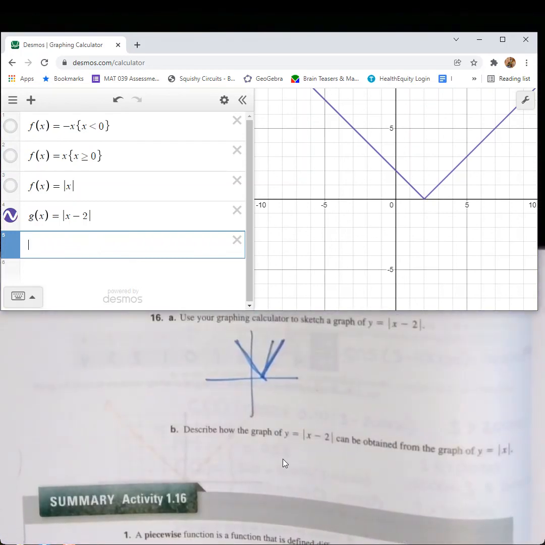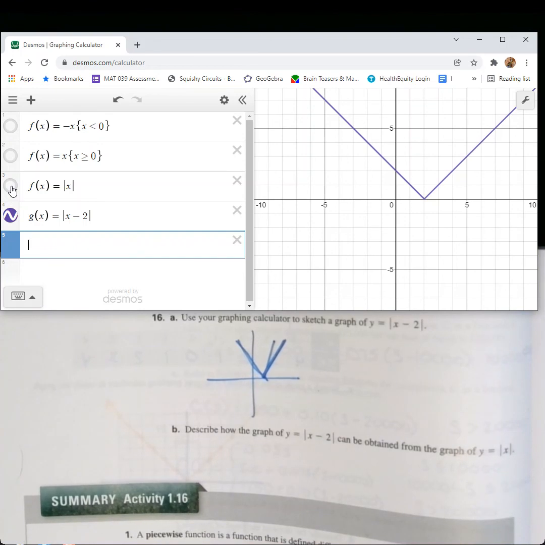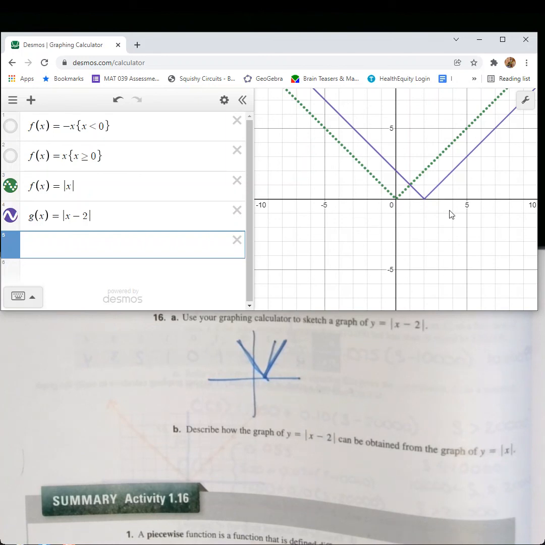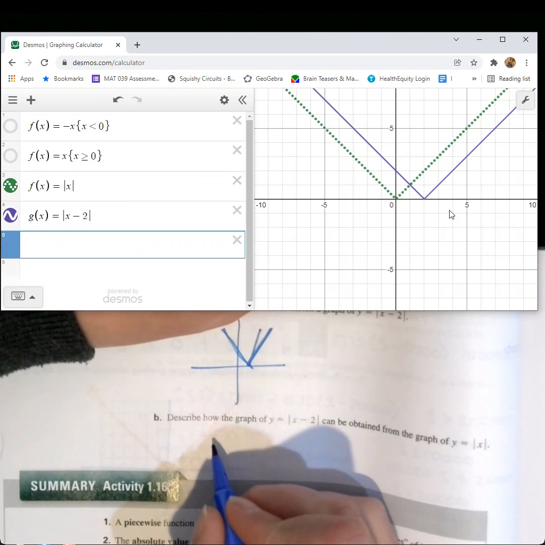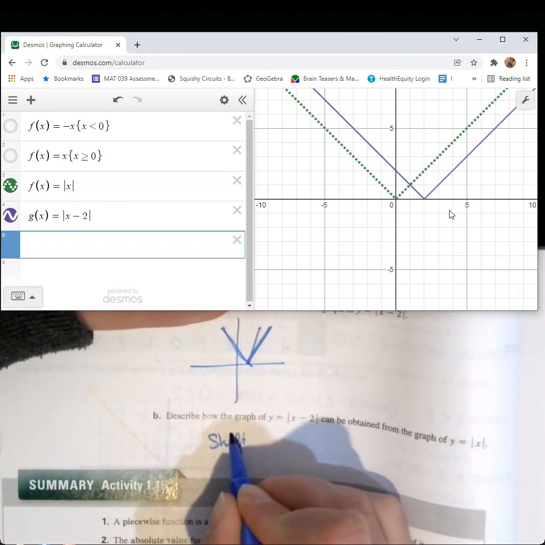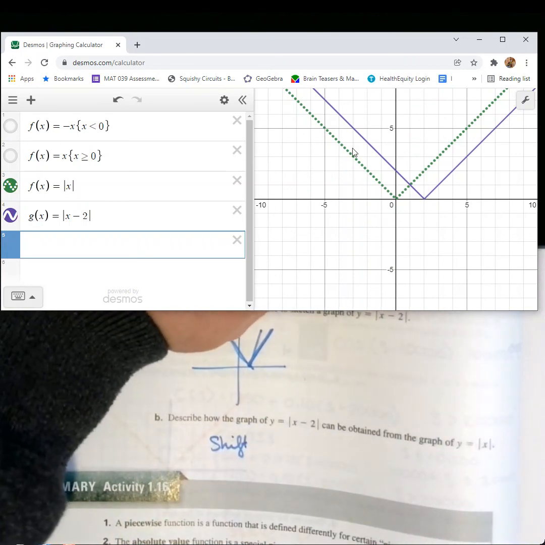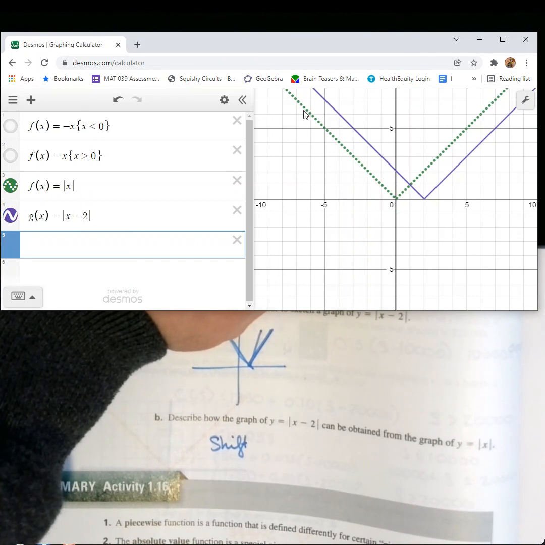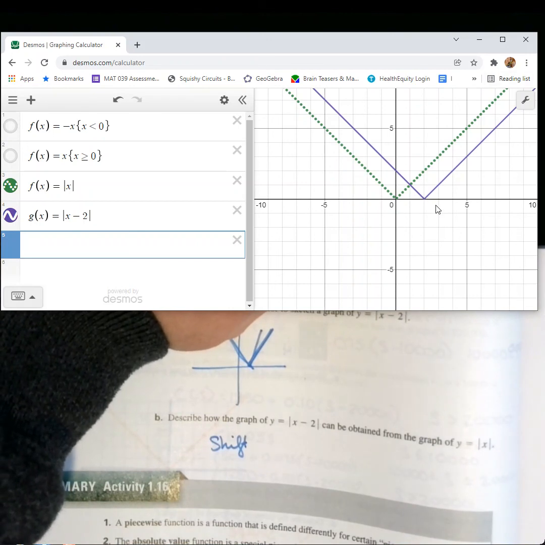And then I describe how the graph of this one can be obtained from the graph of this one. So the idea that we were looking for here is that they're the same shape. It's just going to slide over. So we're going to shift it to the left. I'm sorry, I don't know my right and left apparently. Shift the original graph, which was the absolute value of x, to the right by 2 units.